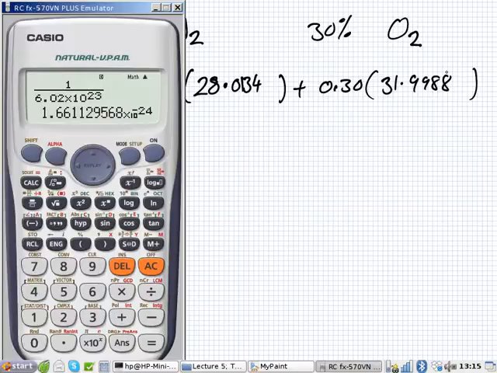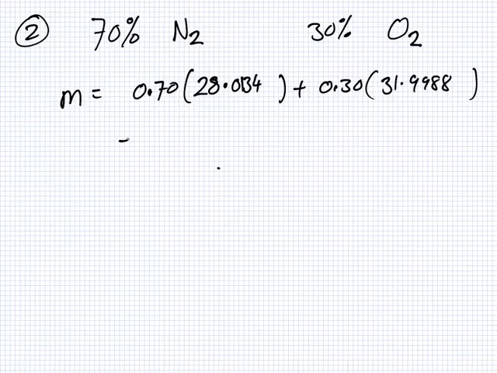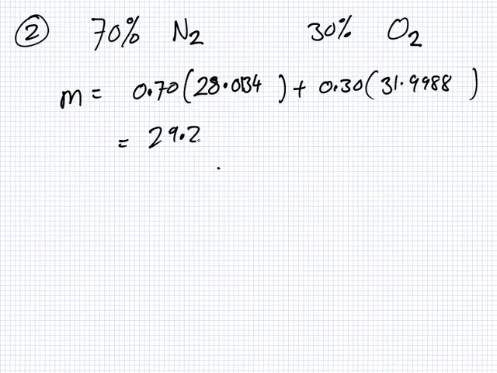So 0.7 times 28.0134 plus 0.3 times 31.9988, and the molar mass is 29 grams per mole.